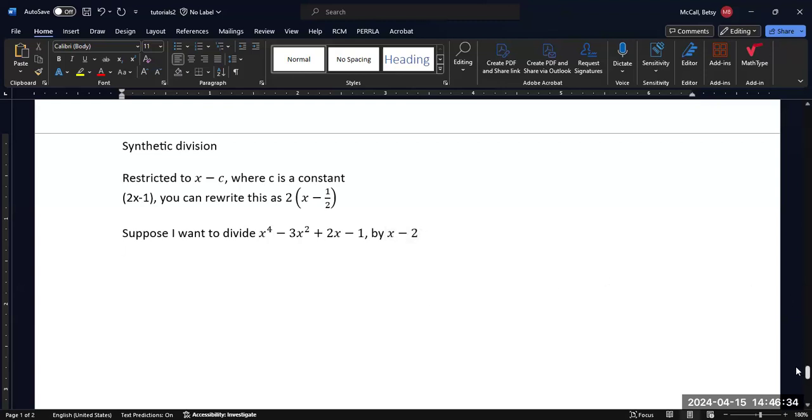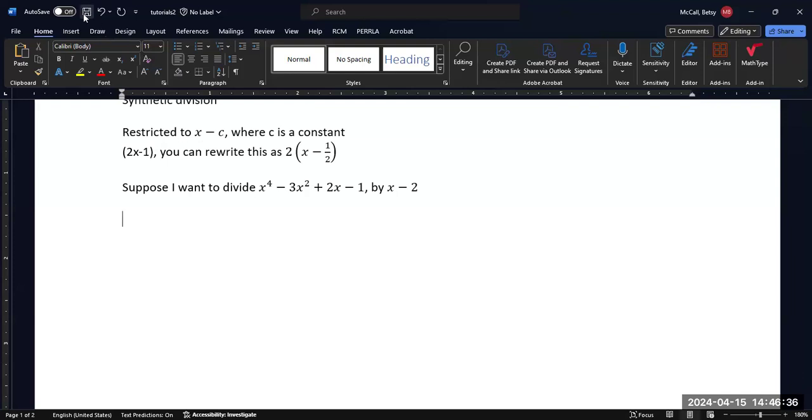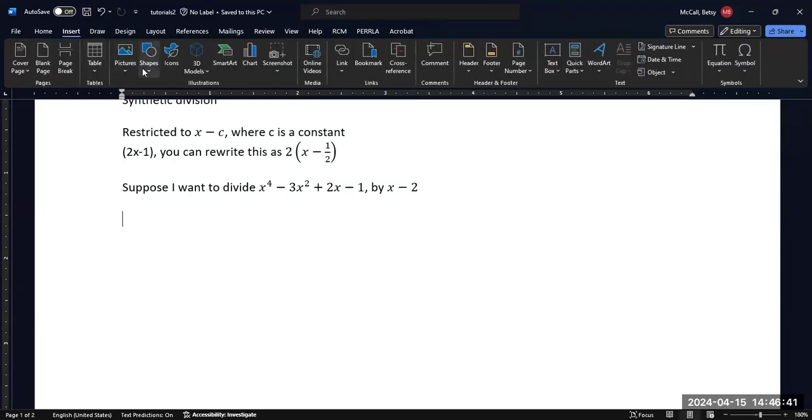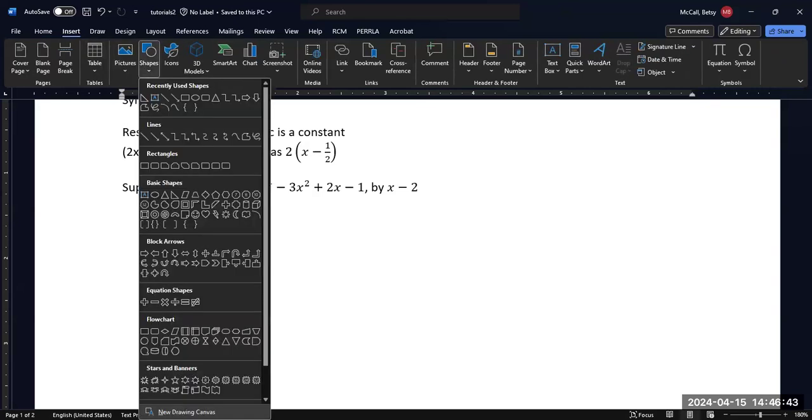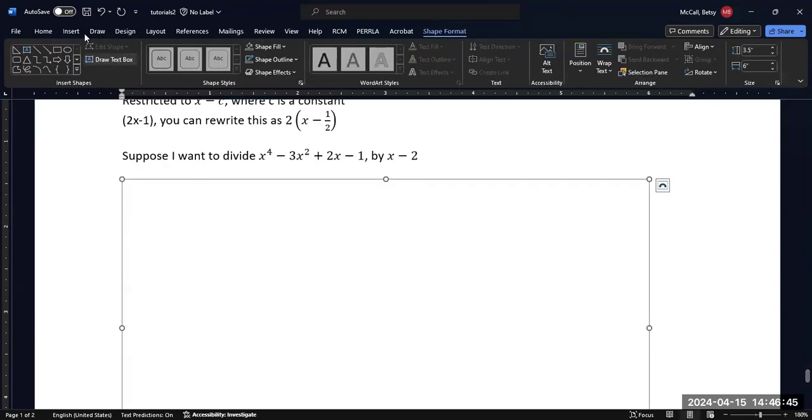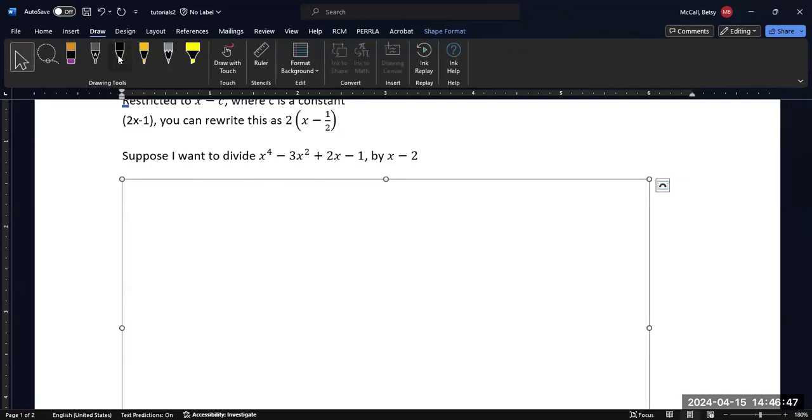Now, I'm going to draw this because it's just going to be easier than typing it. And I'm going to put out a drawing canvas to kind of keep this contained. So the general idea here is you're going to write down your coefficients for your polynomial underneath your pseudo division bar.